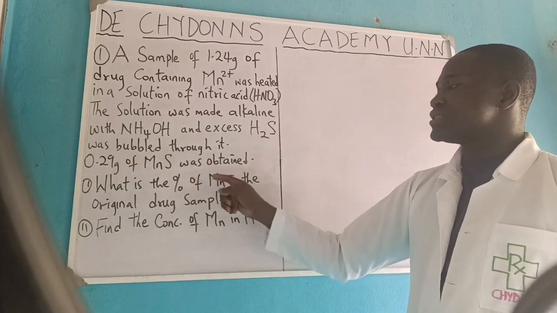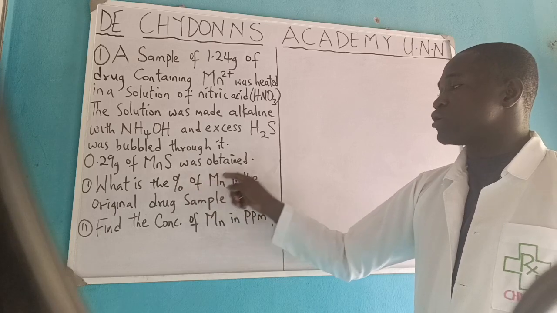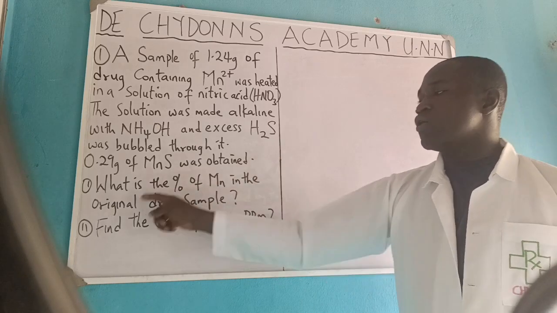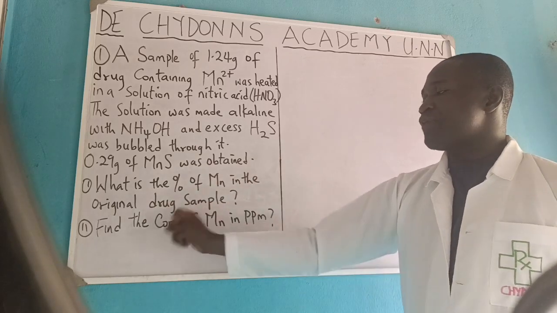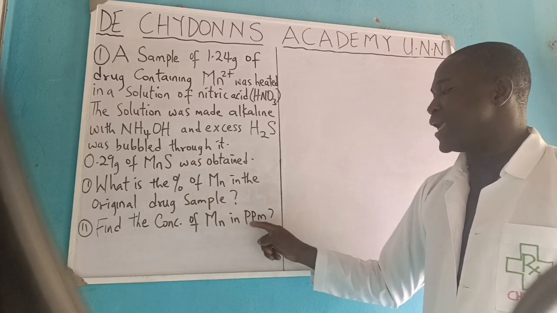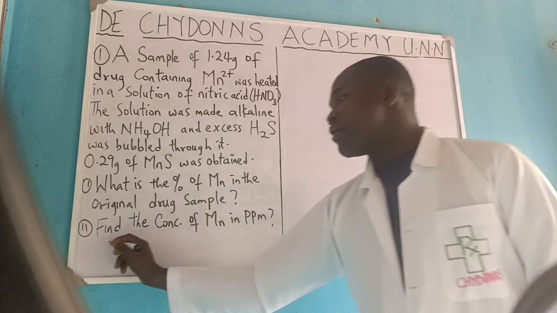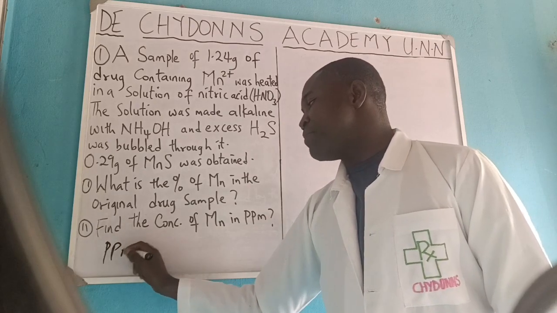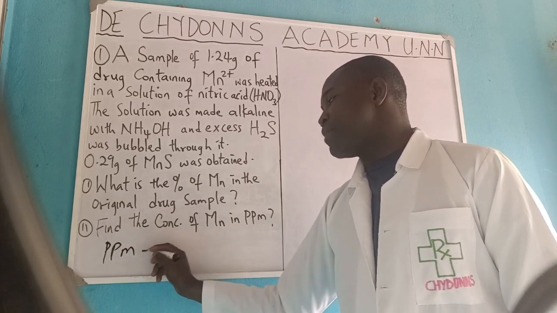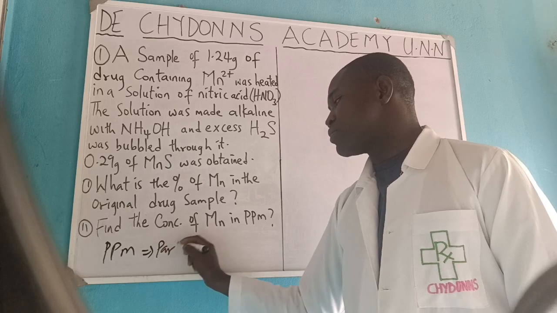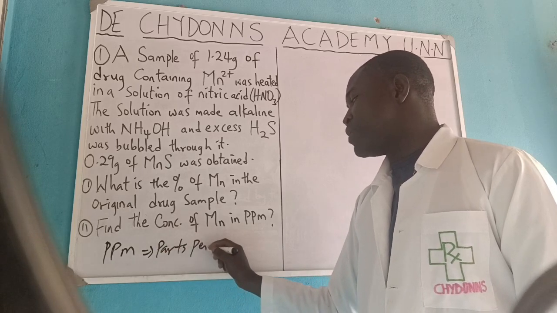What is the percent of manganese in the original drug sample? Find the concentration of manganese in ppm. Please, ppm means parts per million.